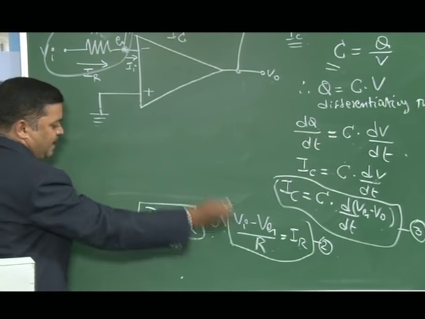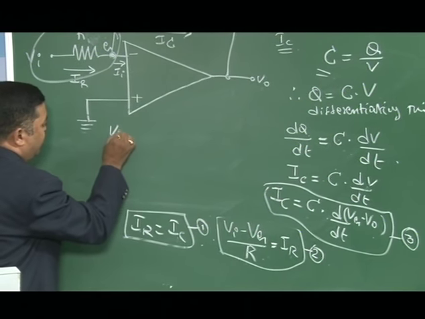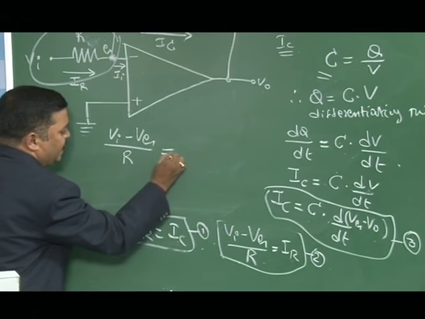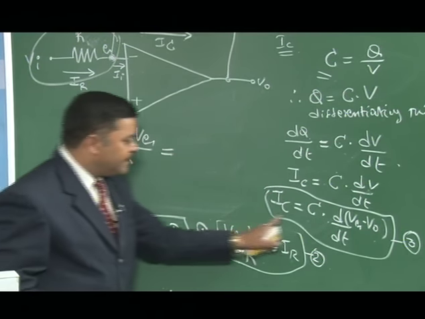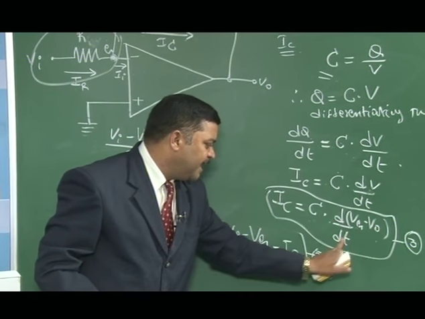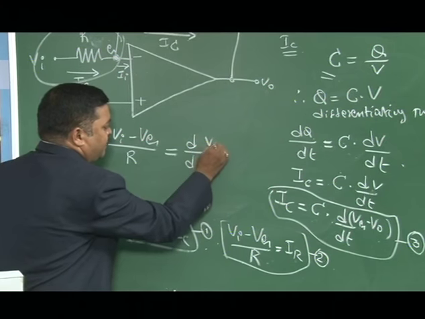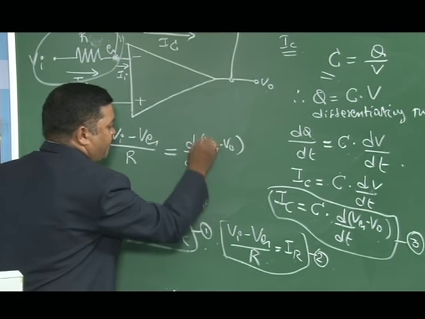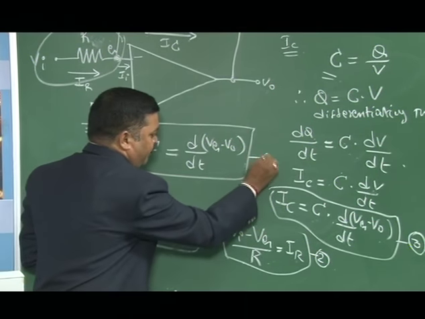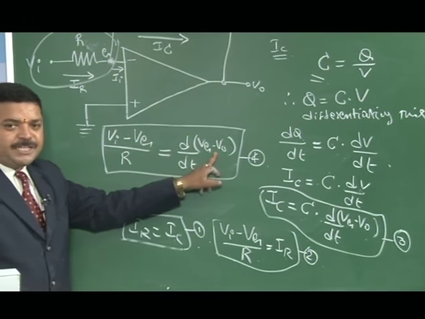Therefore, IR, I will write (Vi minus Vg) by R, which is equal to IC from equation 3, C into d by dt of (Vg minus V naught). This one we got. Let me call this equation 4, and we need to find what Vg is.